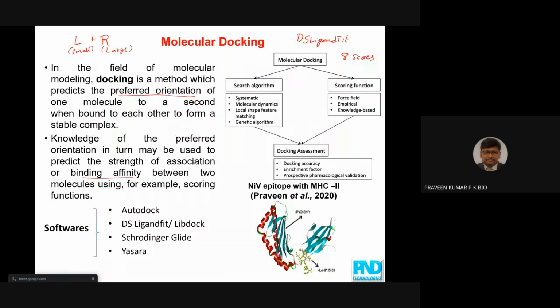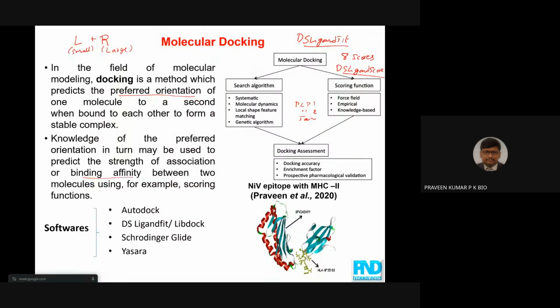We don't have any energy term, but we have scores like PLP1, PLP2, and so on, and MMFF. We have so many kinds of scores. Whatever scores we generate are from the DS LigandScore module. So DS LigandFit is the program to dock a single ligand and receptor.